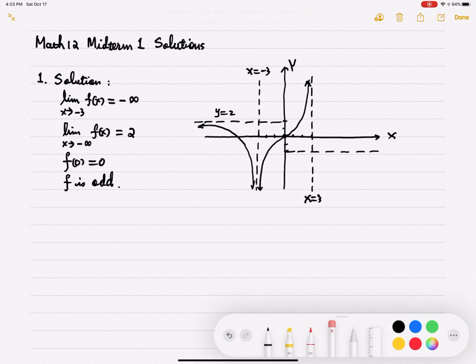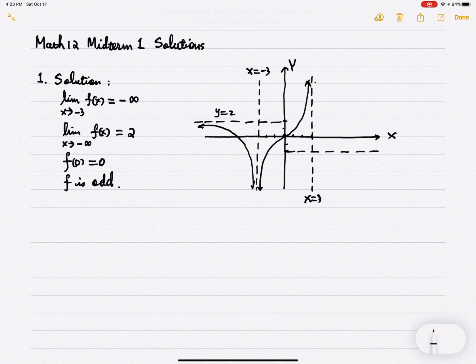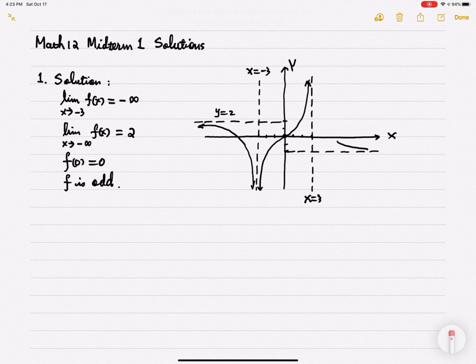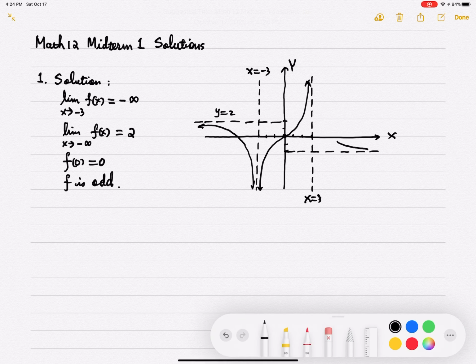I think this curve is not very good, so let me do a better picture. Well, you get an idea.